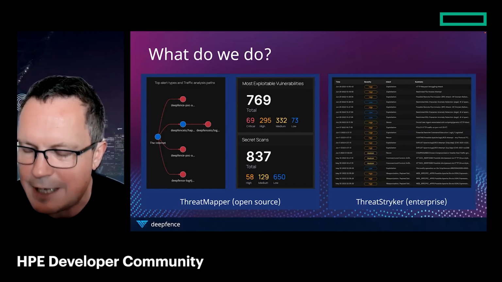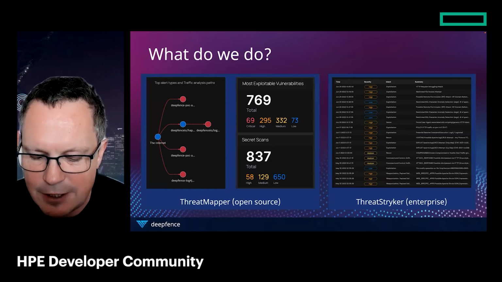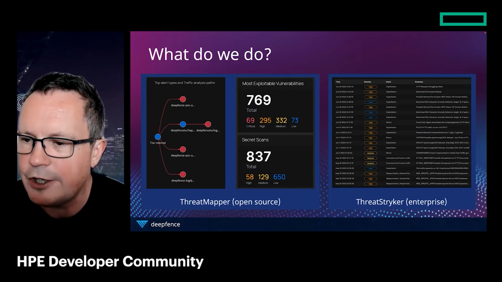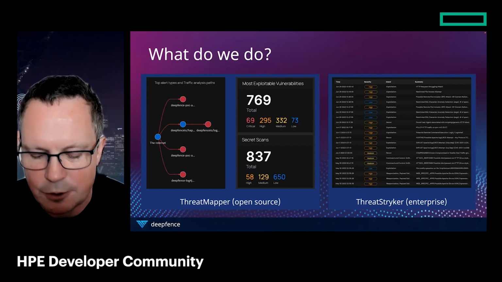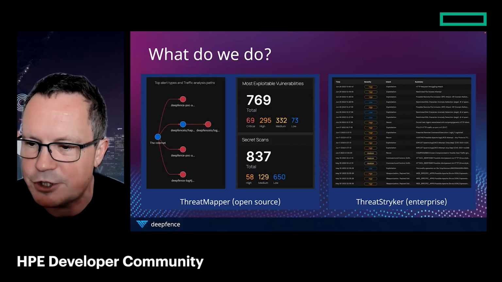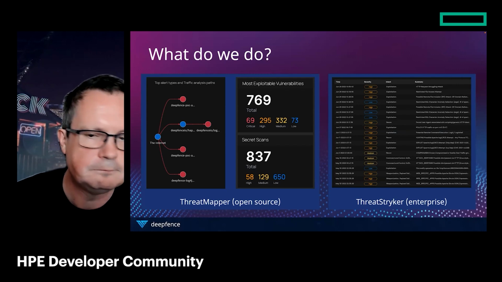So where threats have been discovered and it's not possible to address those threats immediately, our enterprise product exists to then track how attackers may be trying to exploit those threats, and it steps in and protects those threats from being exploited when it identifies an attack in progress.